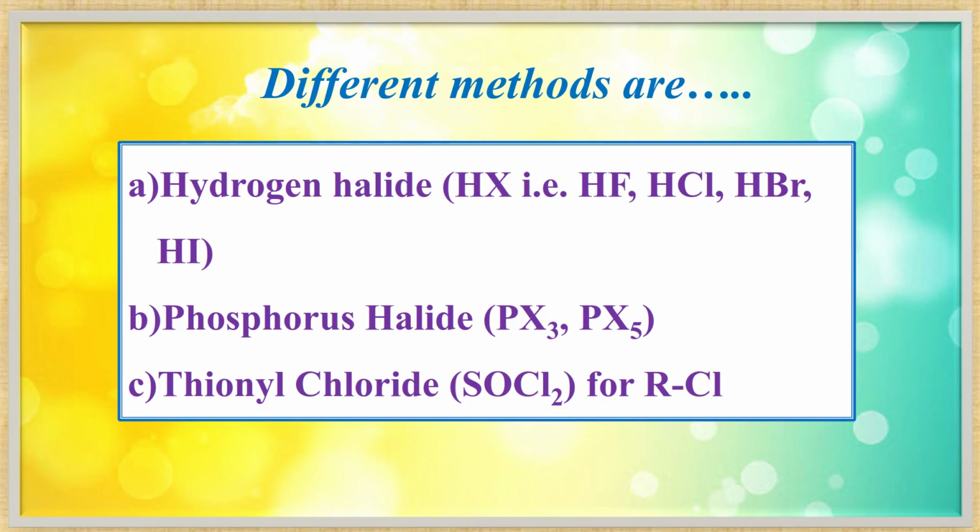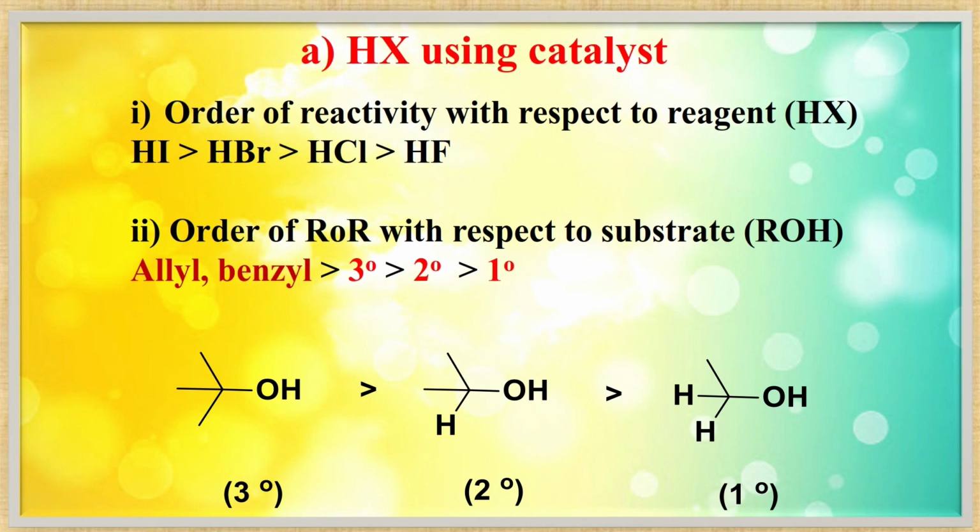First one, from HX. Remember students that the reactivity order of HX is HI is more reactive than HBr, then HCl, then HF. It is also the same as the order of acidity of halogen acids. Similarly, there are different types of alcohols: allyl alcohol, benzyl alcohol, tertiary alcohol, secondary alcohol, primary alcohol.